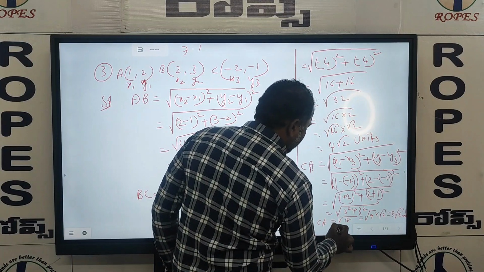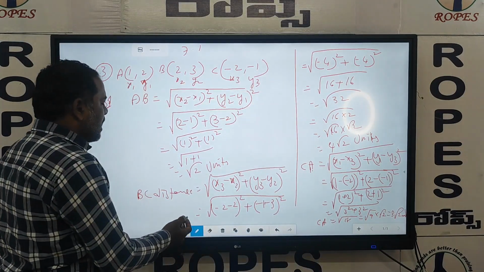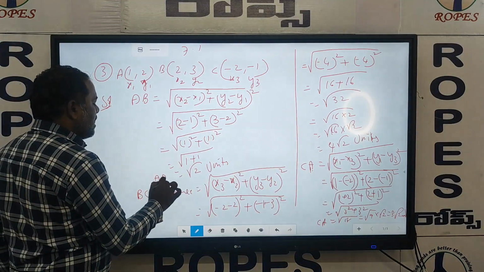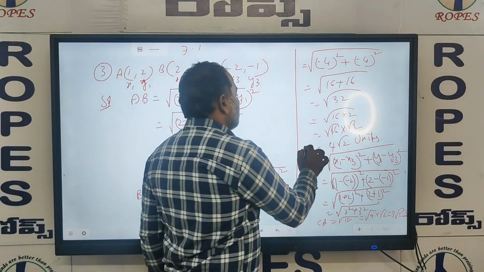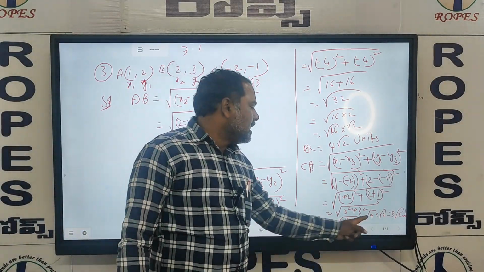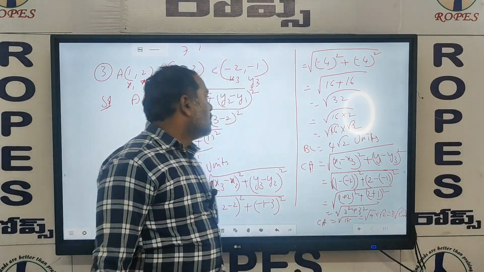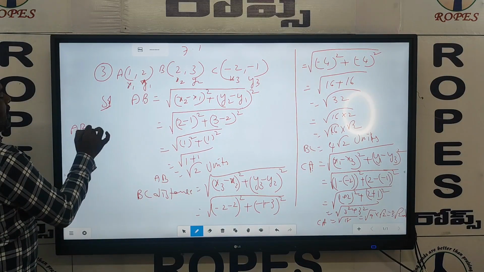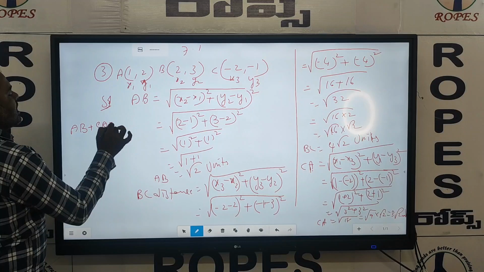What is CA? If you observe this, AB is root 2 units, BC is 4 root 2, and CA is 3 root 2. So AB plus CA is equal to BC.